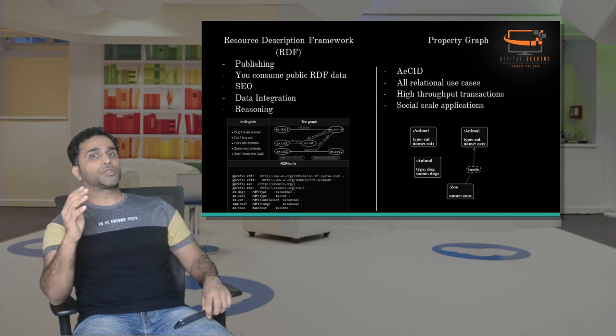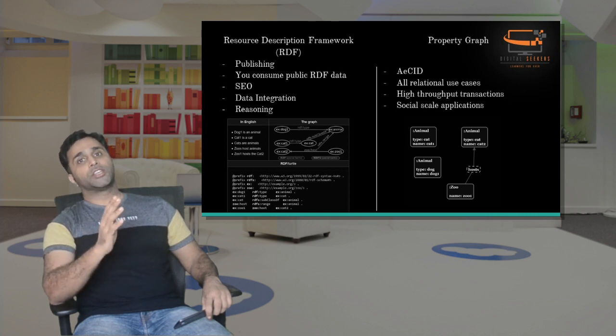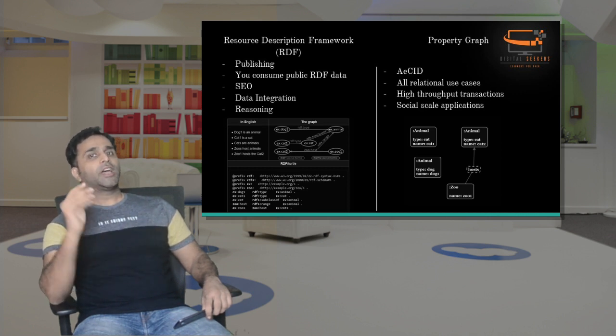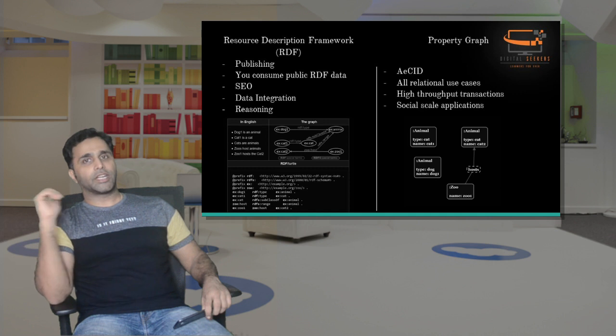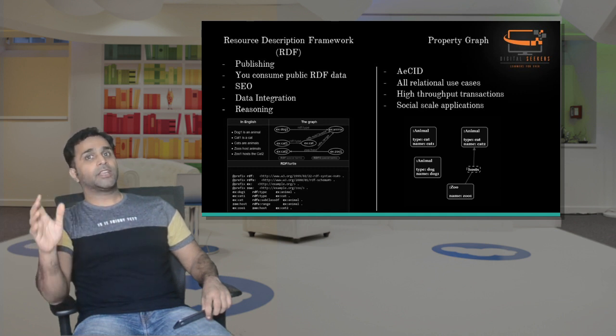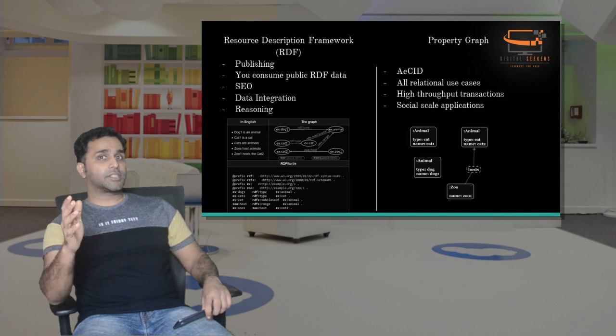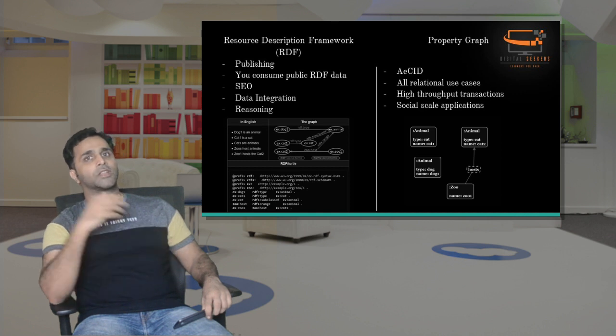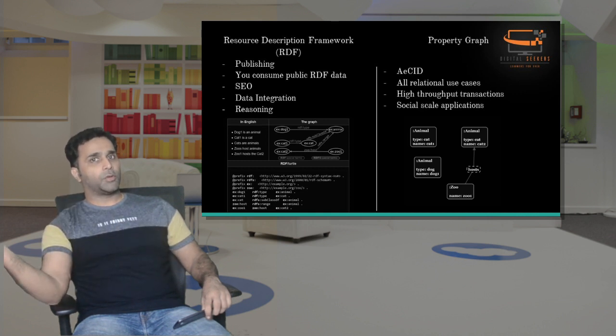You can use RDF as an intermediary, as an information exchange format. That means you first convert anything into RDF, and then from RDF you convert into the other database. Why? Because RDF is clearly defined and very structured, so you can easily transform that structured information into either unstructured information or another structured form of information.